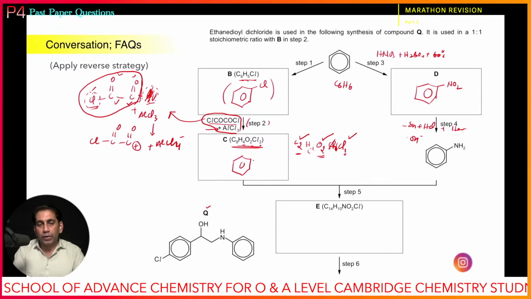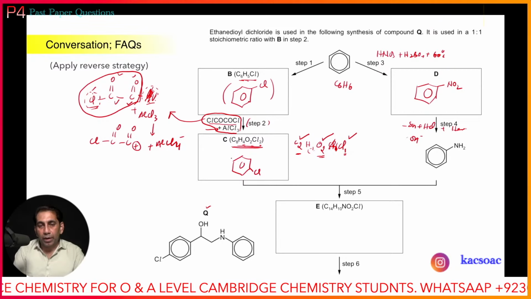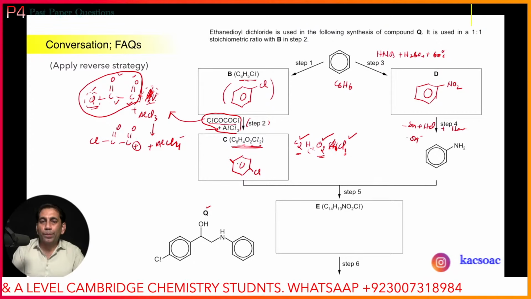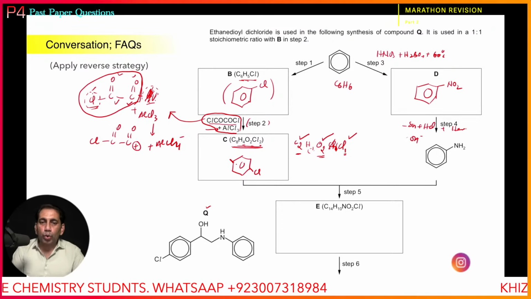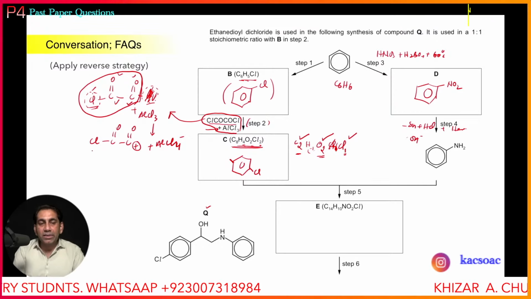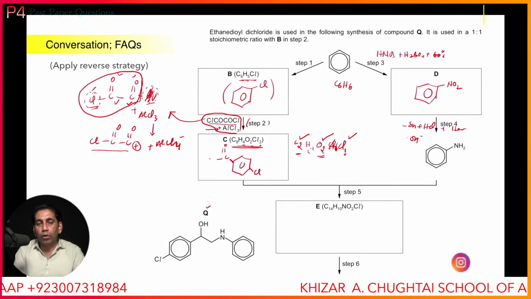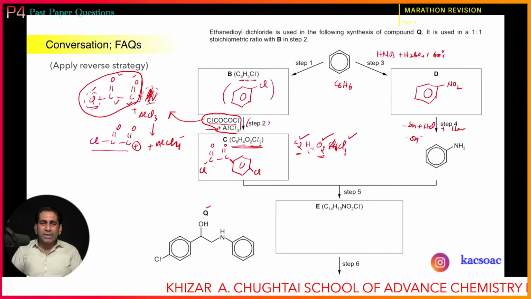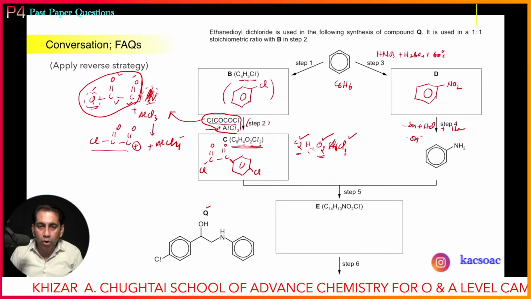I'm trying to write it over here. I'm going to write Cl over here, and at its para position, the chloro group is also an ortho para director. As it's a bulky group, it will be attached at position number 4, that is called the para position. So this is the structure of C, if I am not wrong.